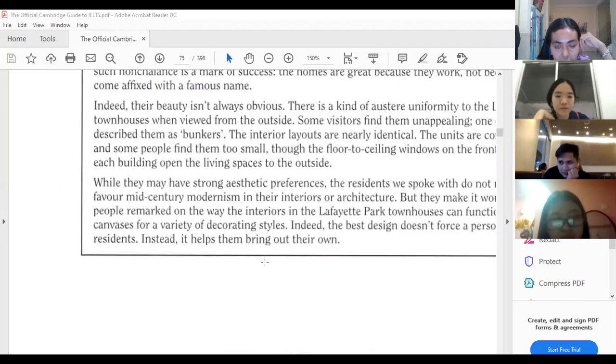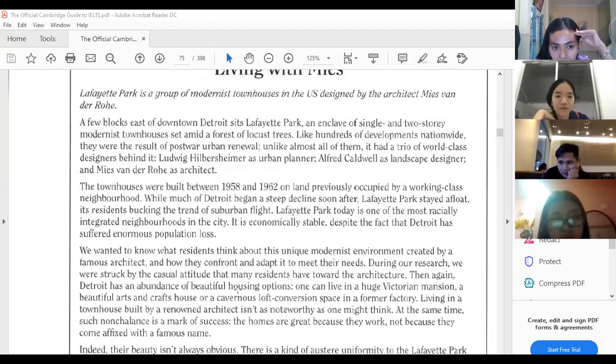Normally it should be in order, don't worry. So did we know when it was built? When was the place built? In what era?